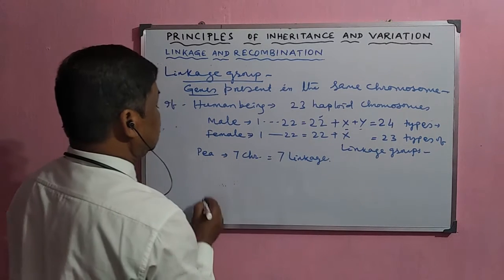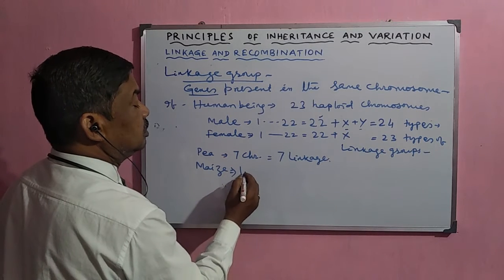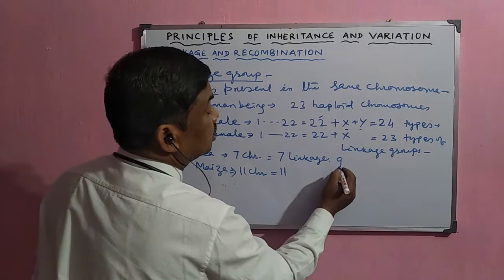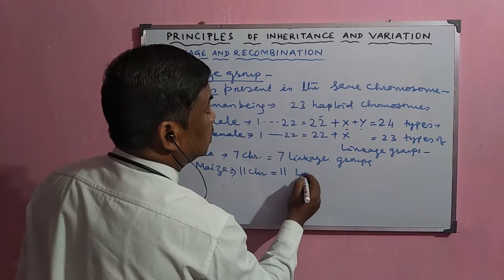In the case of maize, there are 10 chromosomes, so there are 10 linkage groups.